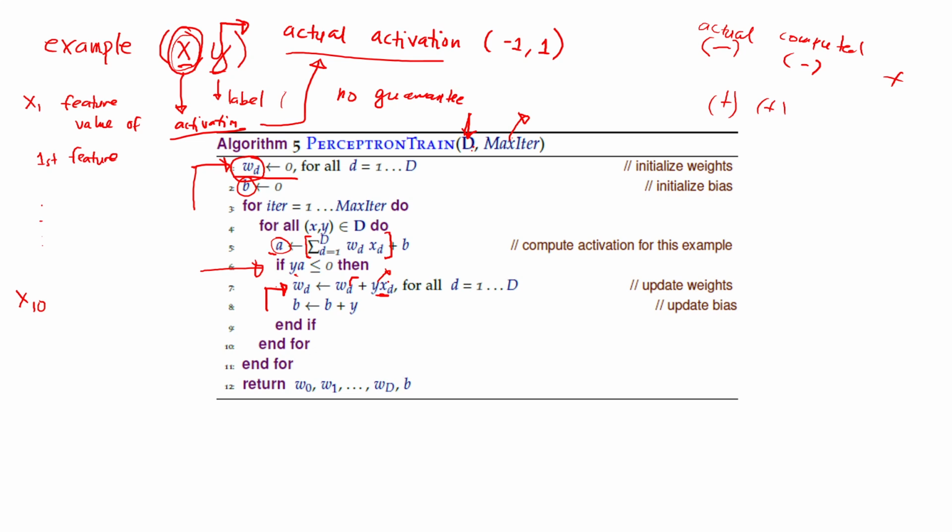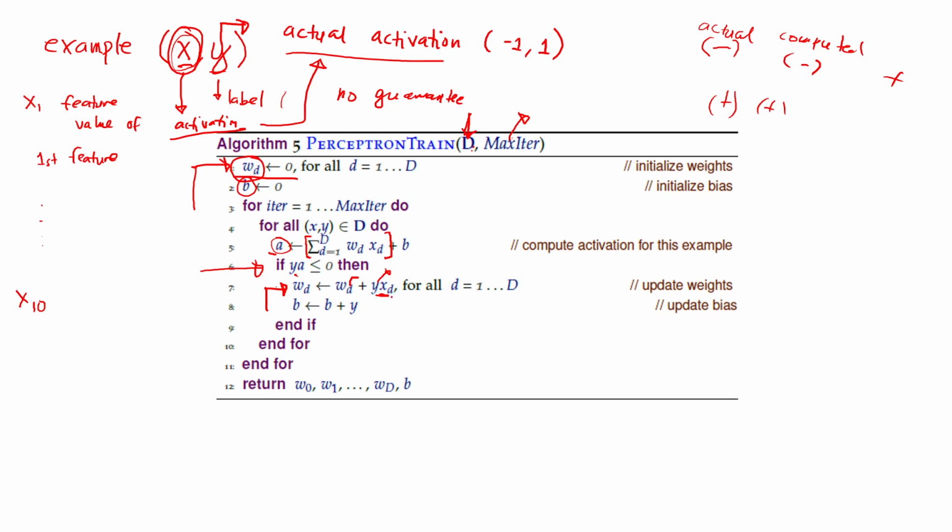So the concept is, we got the wrong activation, so we need to adjust our weights. Since I got the wrong activation, how would I update this weight?